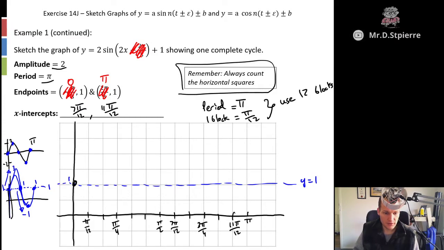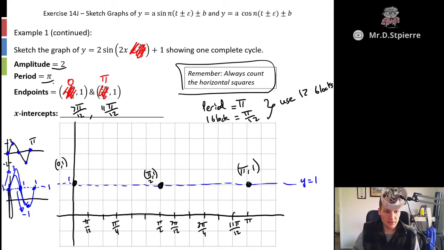Now, we know our first point is 0, 1, which we've got. We know half the period will be back at the same point. Here is pi, 1, and that's pi on 2, 1, and then at the end of the period, it'll be back there again.